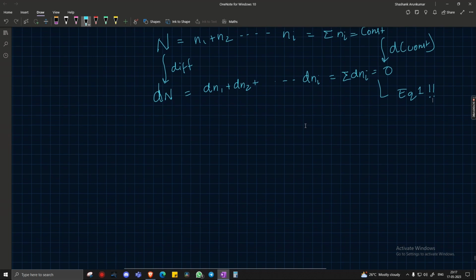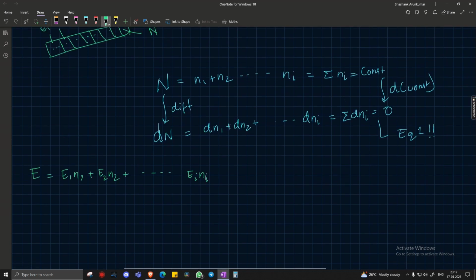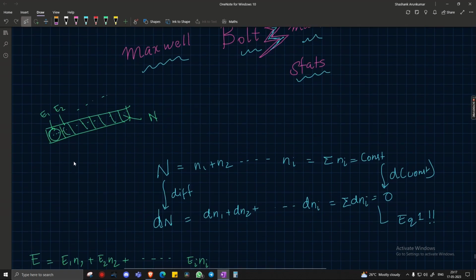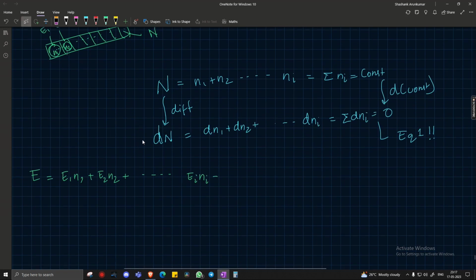Now we talked about particles, we will talk about energy. So we can say that capital E equals E1N1 plus E2N2 up to EiNi. Here E is the energy level, and the N stands for how many particles are in that energy level. So up to EiNi will be sigma EiNi, which will again be a constant.